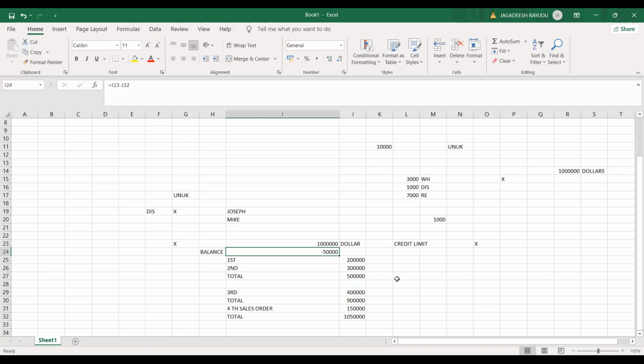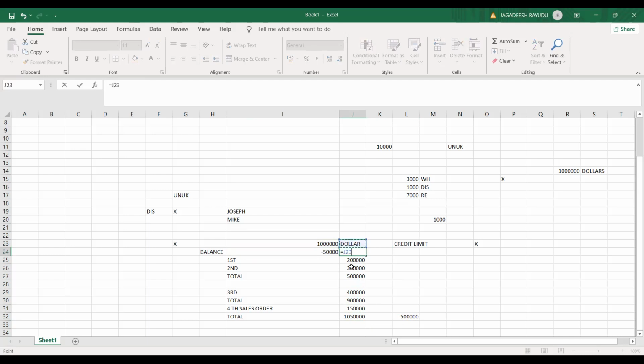Out of 10 lakh 50,000, he paid a certain amount, like 5 lakhs. So what could be my balance? My balance will be readjusted after paying, the actual balance readjusted.